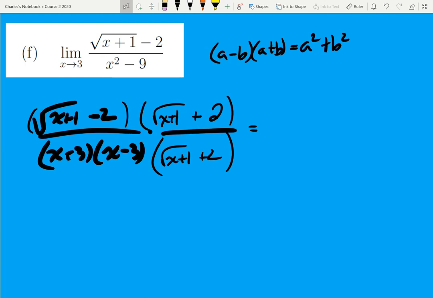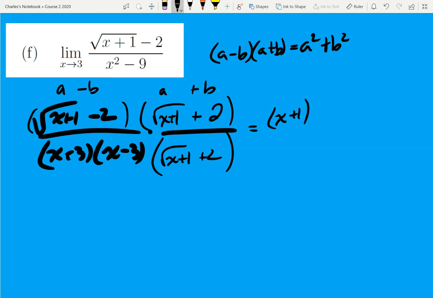But on the top, what I want to do is I want to multiply. This is a minus b. This is a plus b. So I can use that pattern to just go straight to, without having to do all the middle stuff, that I'm going to get a squared. Well, what's the square root of x plus 1 squared? It's just going to be x plus 1.